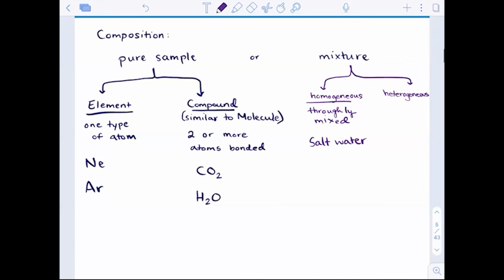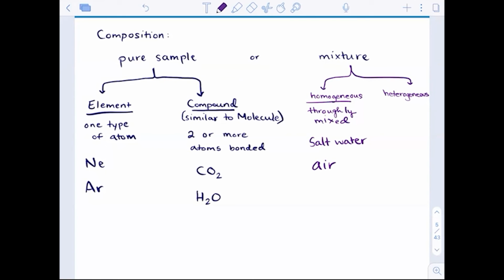We can think about the air. The air we breathe is partly oxygen gas, it's partly nitrogen gas, it's got some carbon dioxide in it. We have a little bit of helium and hydrogen floating out around there. So it's a mixture, but again, it's thoroughly mixed. We won't see things that we could pick out, right?